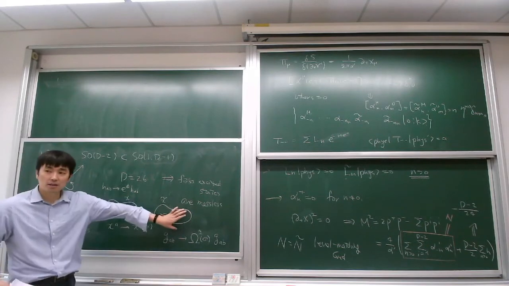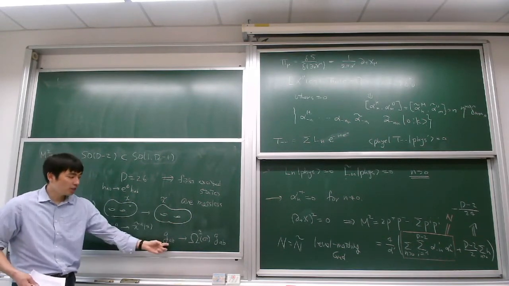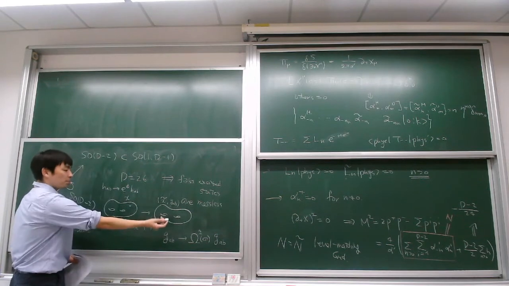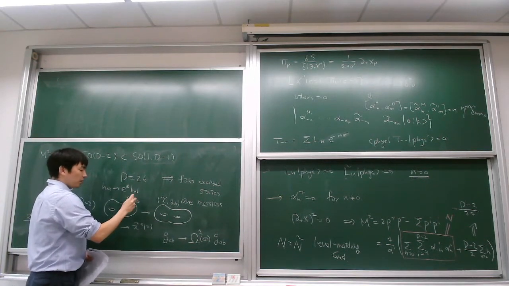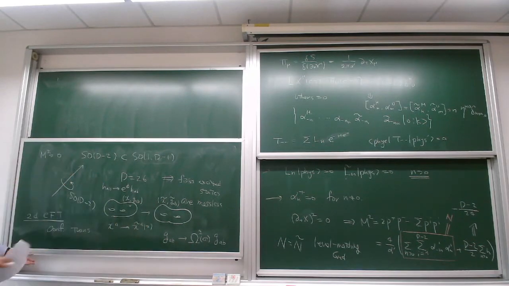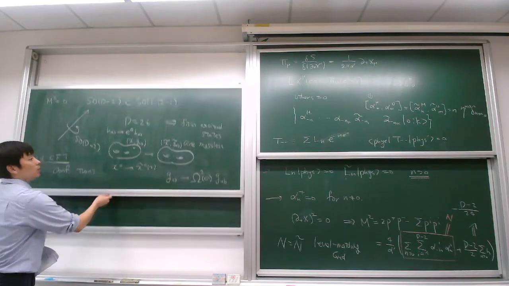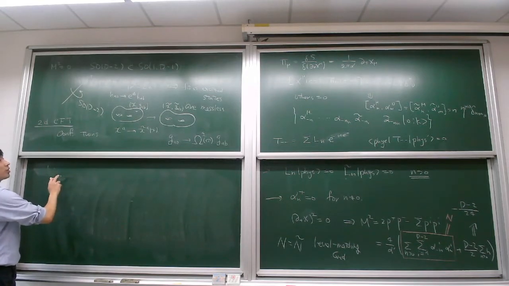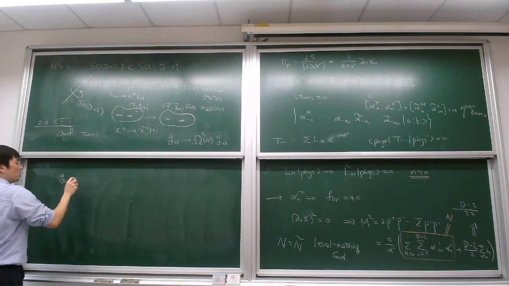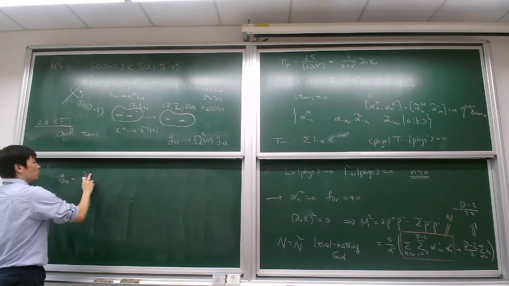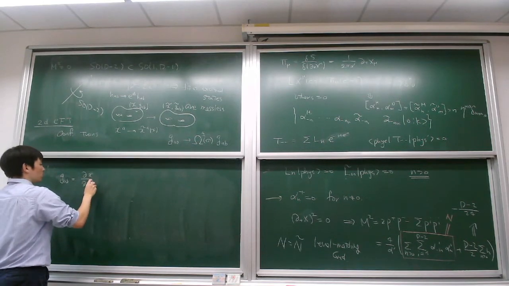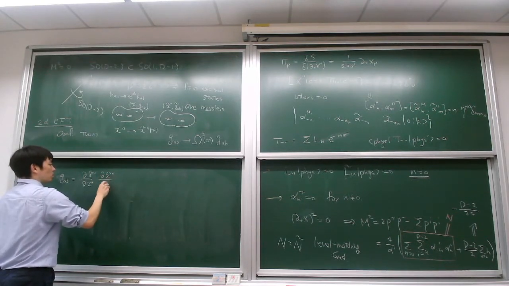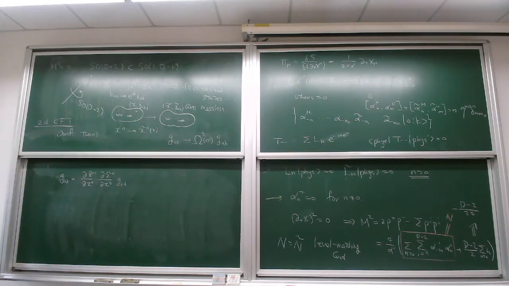So a map from one to the other. And if you pull back the metric, this is g_ab, and it's a pullback, so maybe I call it g tilde.